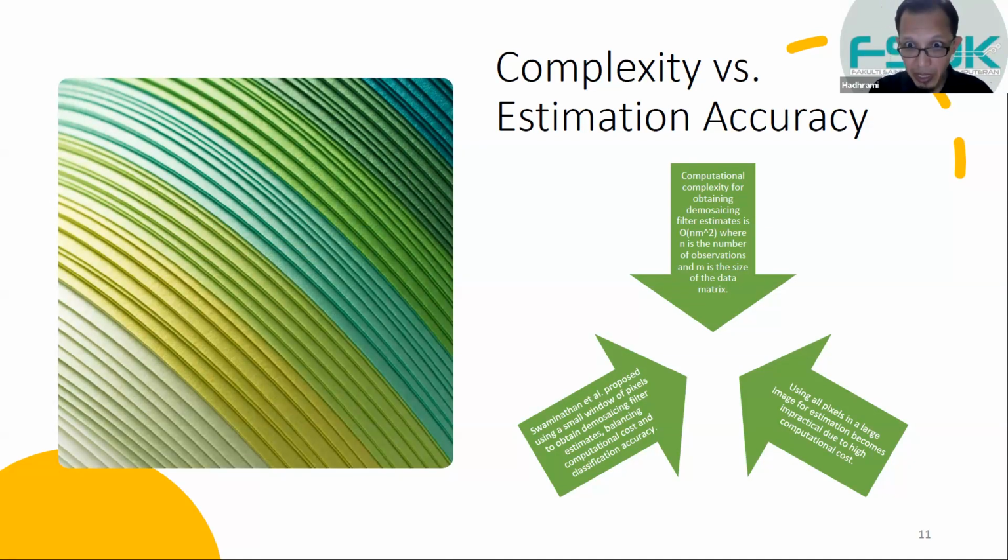Because we know that to have a better accuracy of obtaining the demosaicing filter estimates, it takes very high computational complexity. So there has to be a trade-off between the two, a balancing act between reducing the complexity as well as increasing the estimation accuracy.